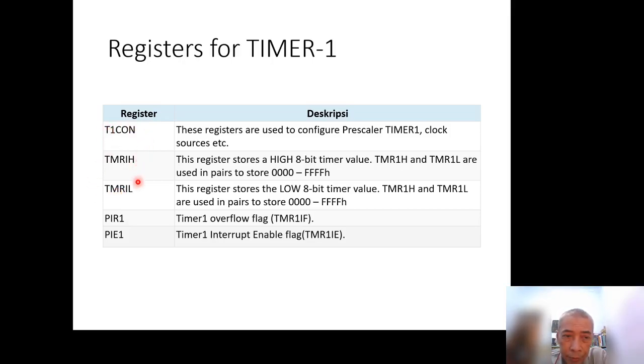Besides these three registers, we have PIR1 and PIE1. PIR1 holds the timer 1 overflow flag, TMR1IF. PIE1 holds the timer 1 interrupt enable flag, TMR1IE. So these 5 registers are only for timer 1.